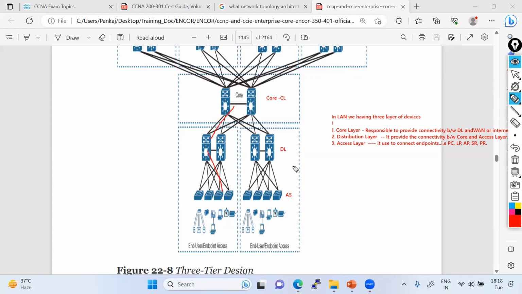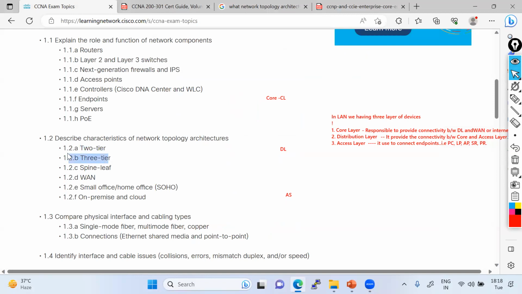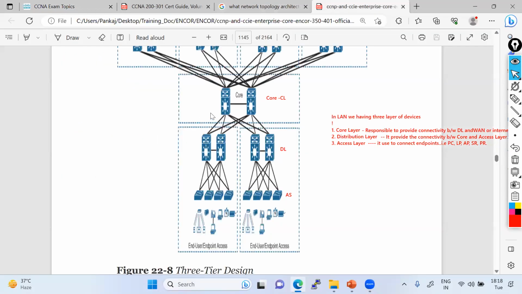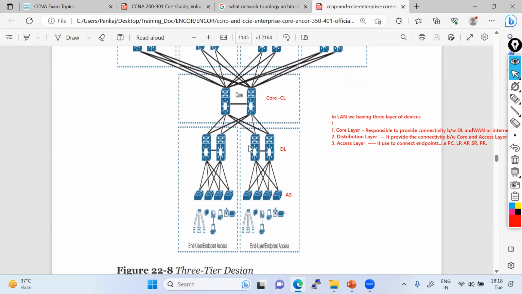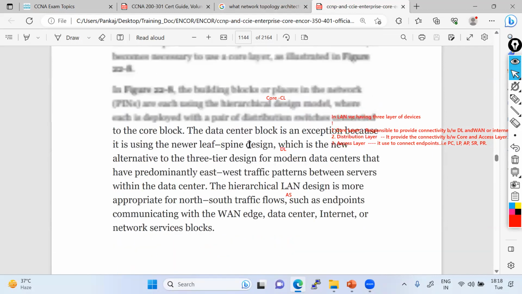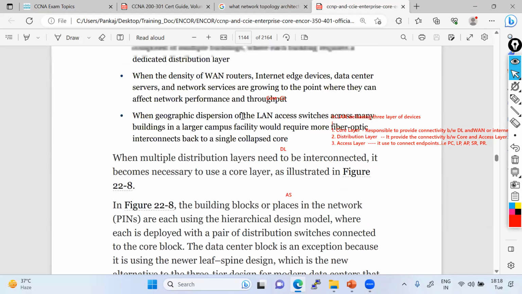Now if I am talking about 3-tier architecture, that means my company is using all 3 layers. But if I'm talking about 2-tier architecture, that means my company is just using core and distribution as 1 layer.